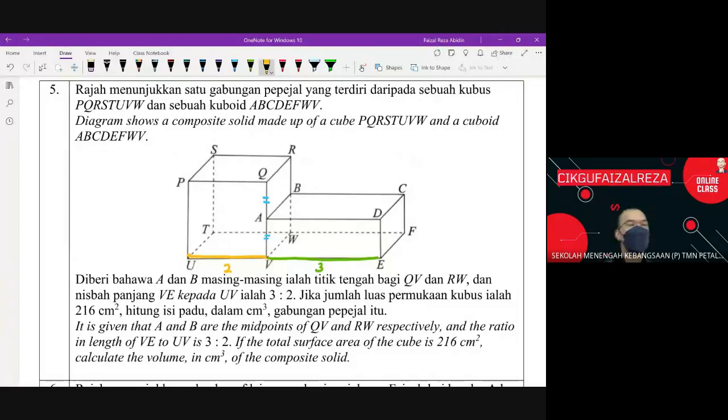Now, if the total surface area of the cube, what does it mean by total surface area?